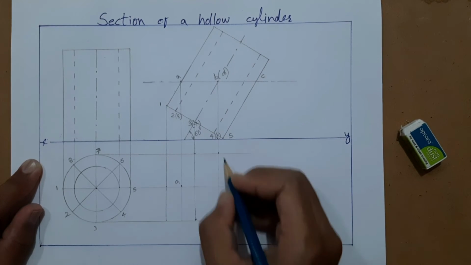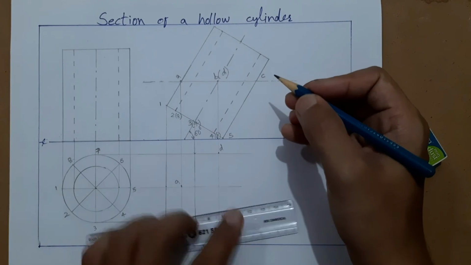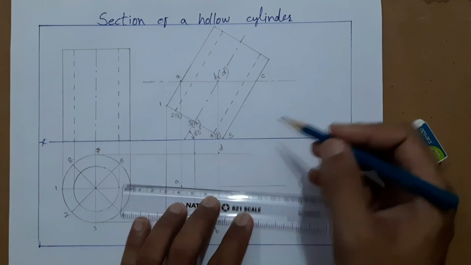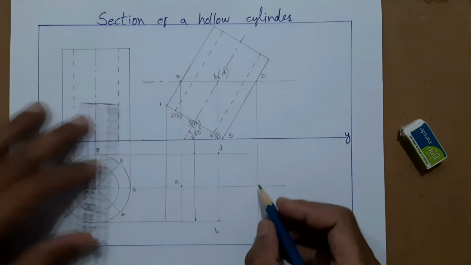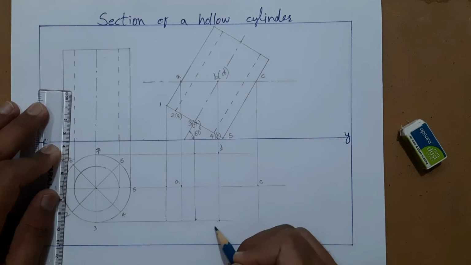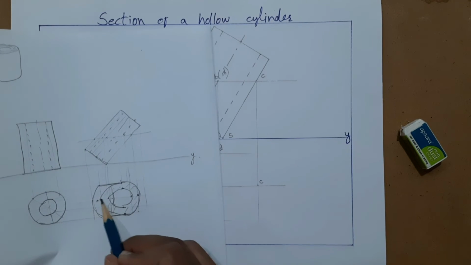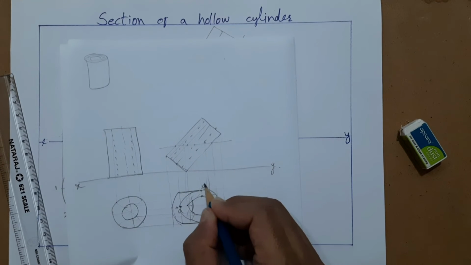This is B, this is your D, and C comes here. This is point C. 1, 2, 3, 4 points you have got. So these are the 4 points, say A, B, C and D.